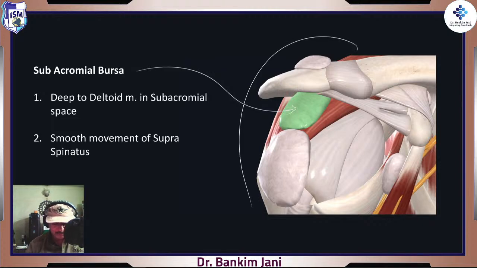So it has to be deep, and it is for smooth movement of supraspinatus. See, supraspinatus is here. So when supraspinatus is moving, this muscle should not be going against friction with the acromial process. So that's why a nice bursa is kept over there.